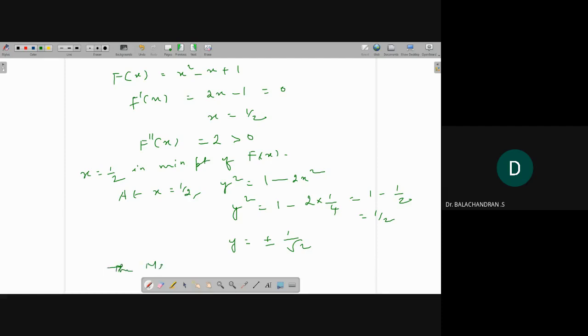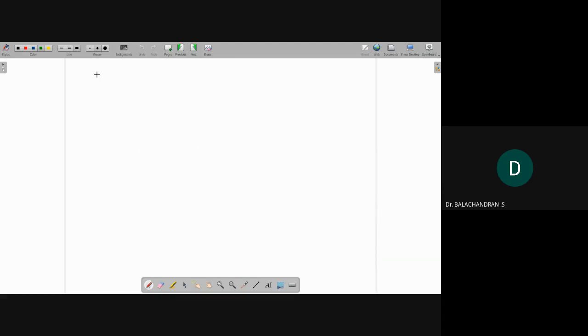So the minimum points are x is 1 by 2, y is plus 1 by root 2, and x is 1 by 2, y is minus 1 by root 2. So you should find the minimum value at these 2 points. I leave it to you.